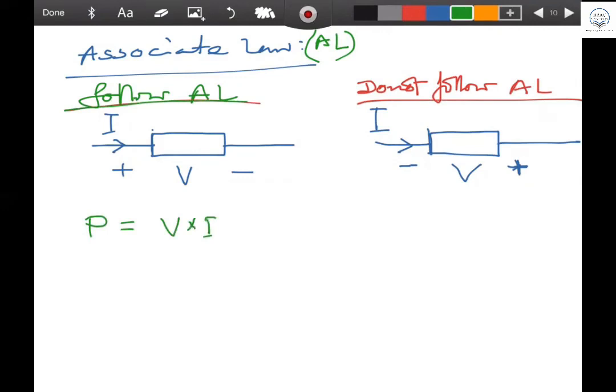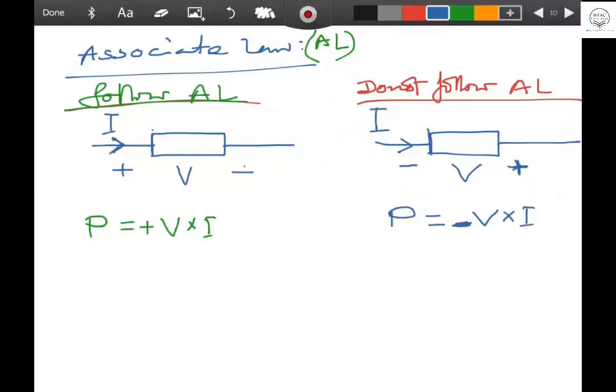If it does not follow the associated law, the power will be negative, V into I. It follows the associated law when the current flows from positive to negative. This is the normal.